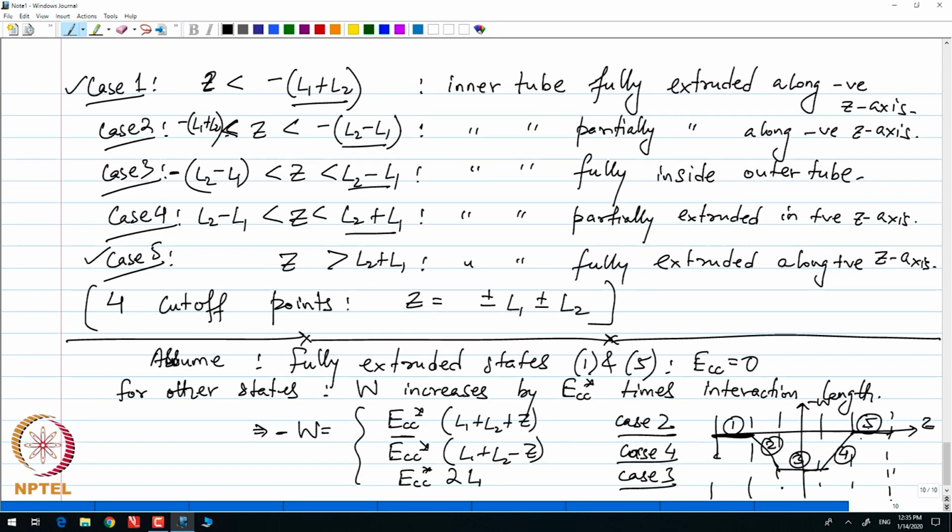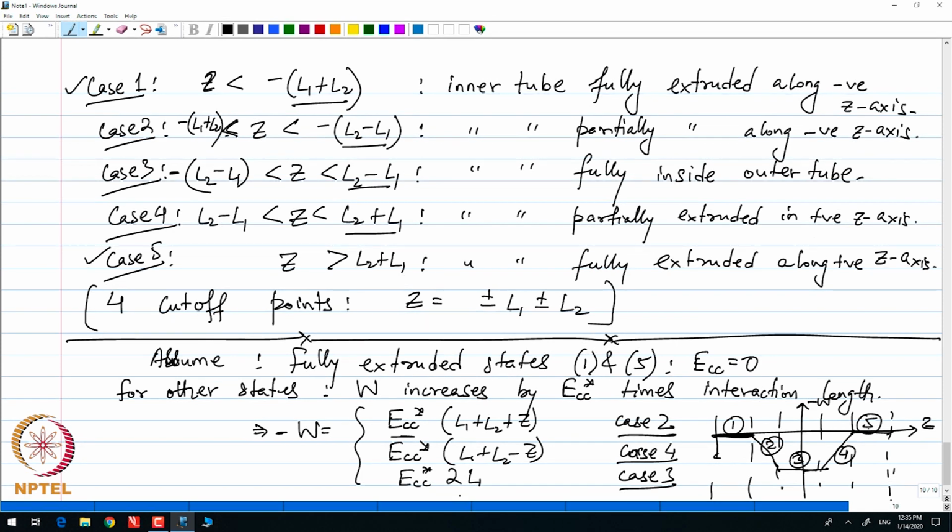So, we can see that in stages 1 and 5 the work done is 0, and in stage 2 the work done is decreasing with z, and in stage 4 the work done is increasing with z, right. In stage 3 the work done is constant.